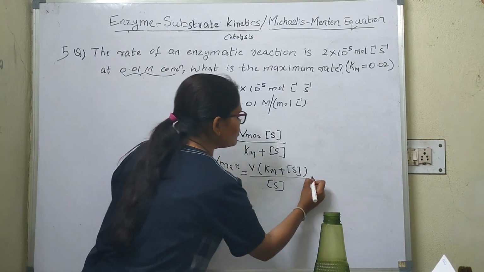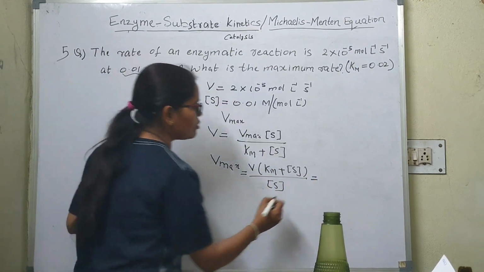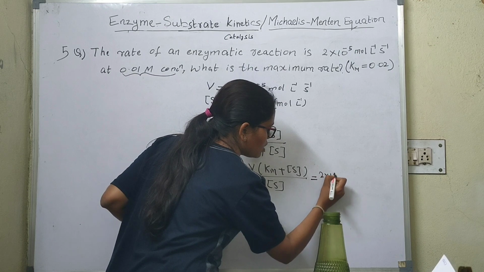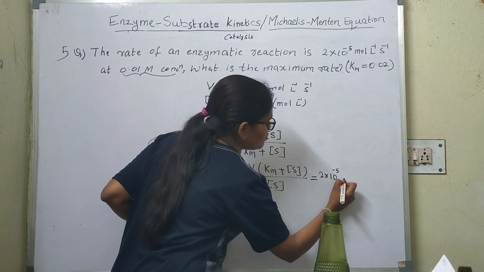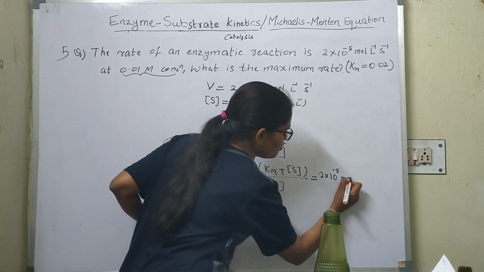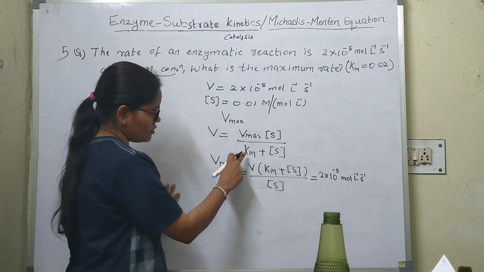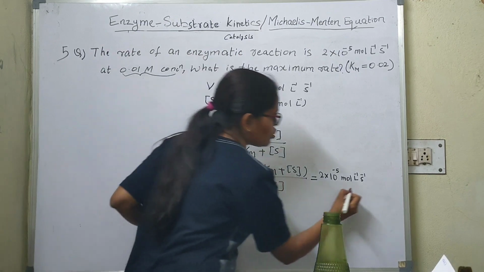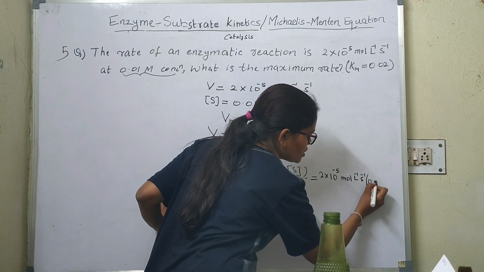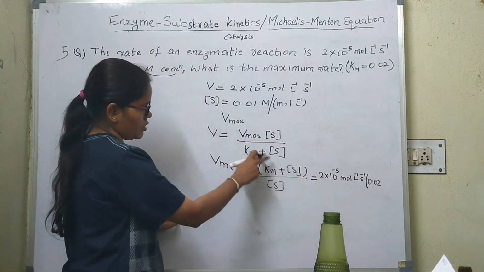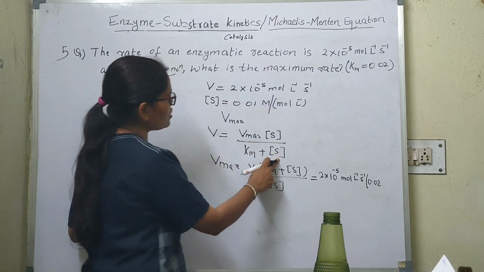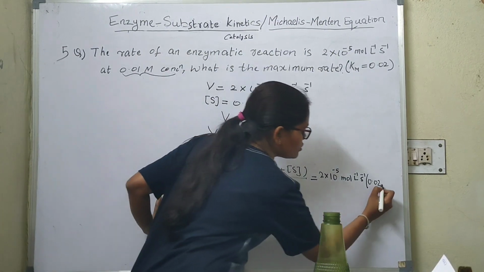We have the value of V, that is 2 into 10 power minus 5 moles per liter per second. You also have the Km value, which is 0.02, plus the concentration of substrate, 0.01.